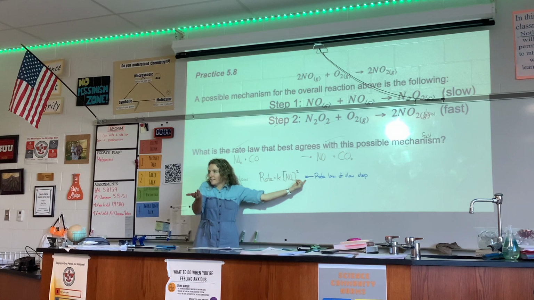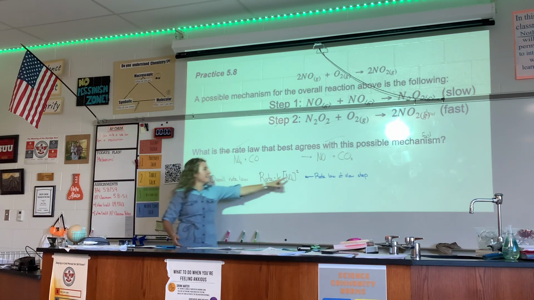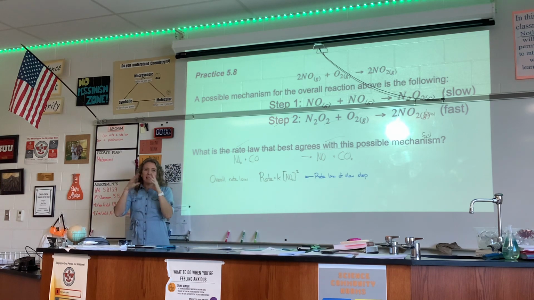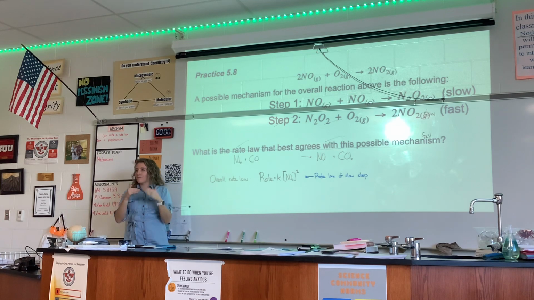It's zero order. But keep in mind, the overall reaction doesn't show that this is second order or that is zero order. So as we write rate laws from steps, make sure you don't deceive yourself by writing it from an overall. You cannot do that. Maybe every once in a while you might get lucky that it happens to match, but you can't write a rate law from an overall reaction, okay?